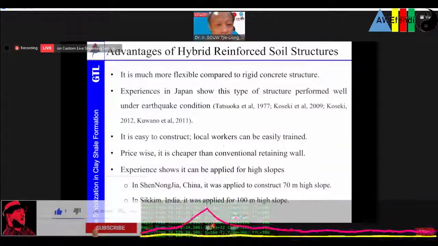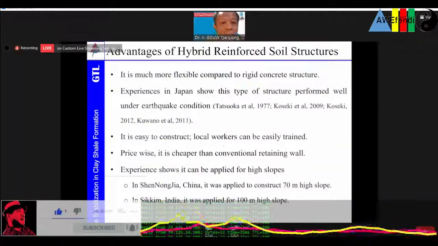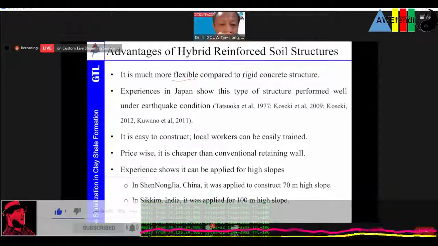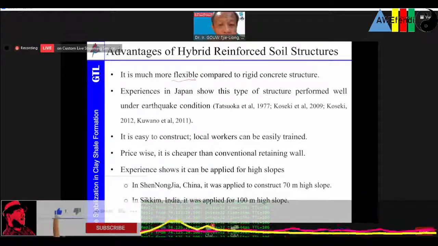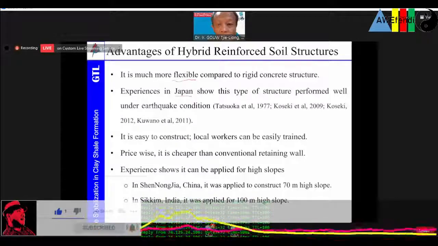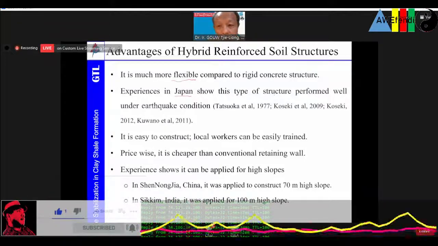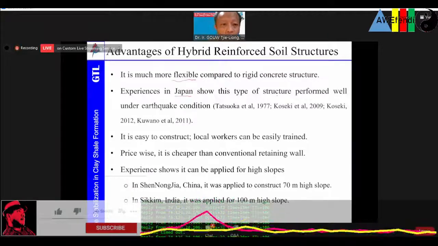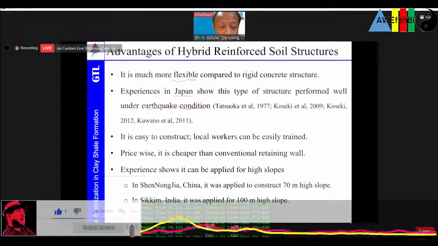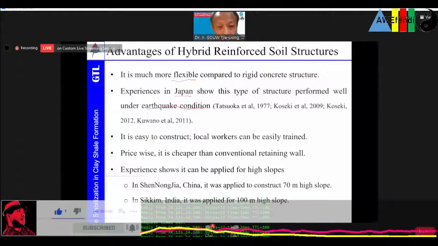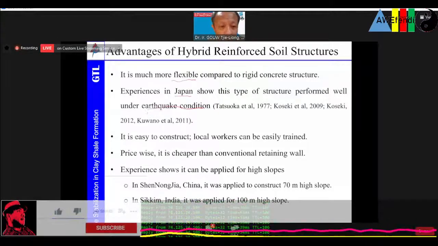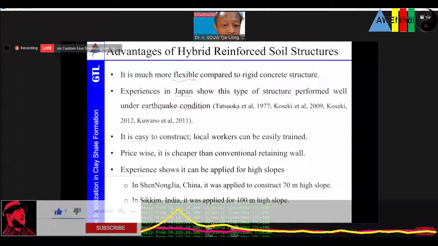Why was it chosen? Because it is much more flexible compared to a rigid concrete structure. Based on experience in Japan and Taiwan, this type of geosynthetic reinforced structure performs well under earthquake conditions. Remember that this area is also subject to high earthquake potential.